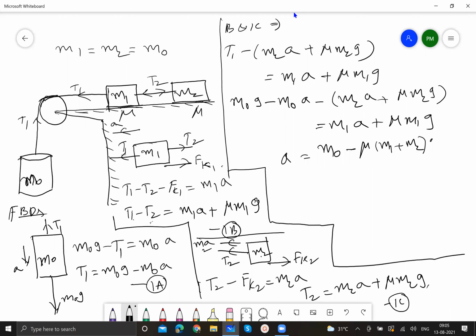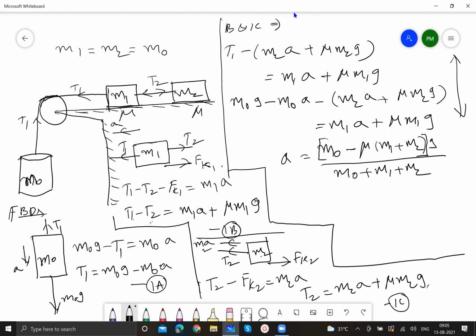So the total frictional force on M1 and M2 is mu into M1 plus M2 multiplied by G, divided by the total mass of all the blocks. You can remember logically like this. You need not put all these equations. See how easy. First three equations you can put. This simplification you can skip if you have the logic.